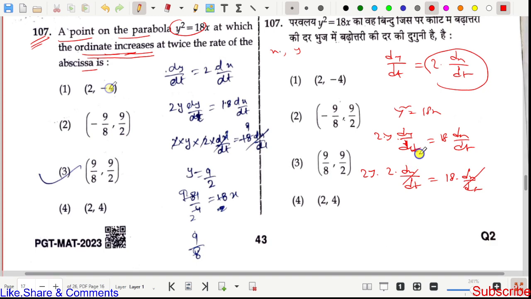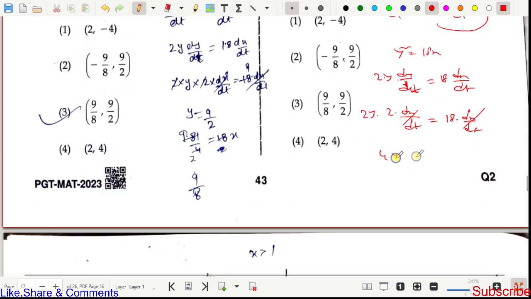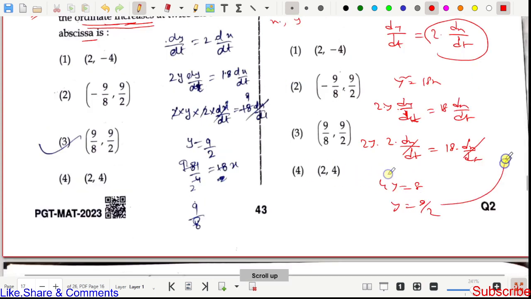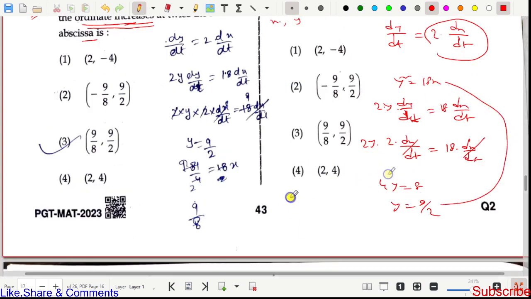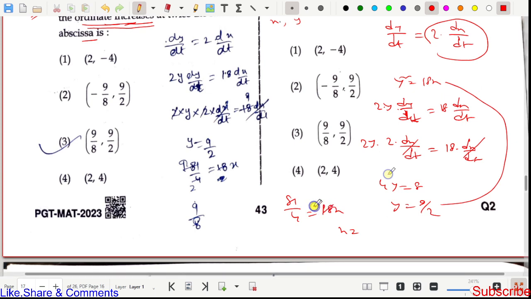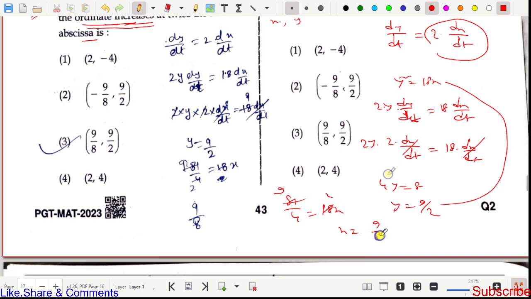So dx by dt cancels out. So 4y equals 18, so y equals 9 by 2. If we substitute the value of y here, we will get the value of x. That means 81 by 4 equals 18x. The value of x, by 9 cancelling, 9 and 81, 9 and 18, so the value of x is 9 by 8.